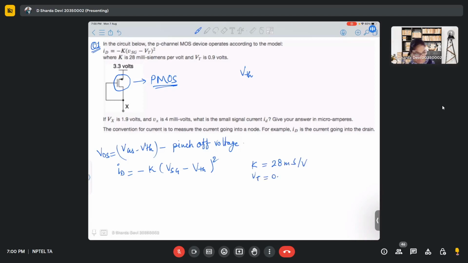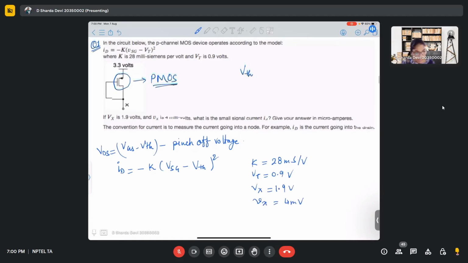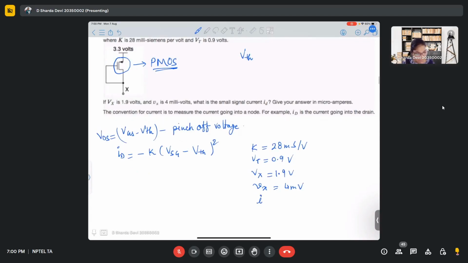VT is 0.9 volts. Vx is 1.9 volts. Small vx is 4 millivolts. What is the small signal id? Give your answer in microamperes.